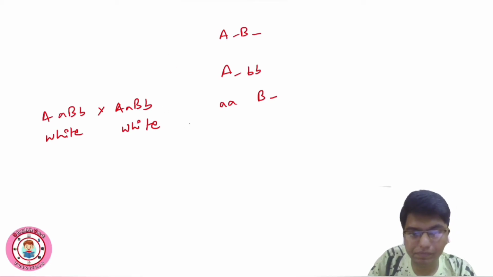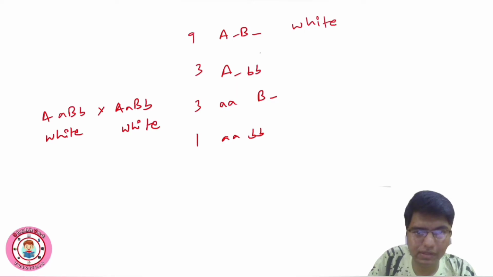Again A, B, we know these are 9, 3, 3, 1. Then this will be colorless, white, because B will suppress. This is blue, only A. This is again white, and this is again white.